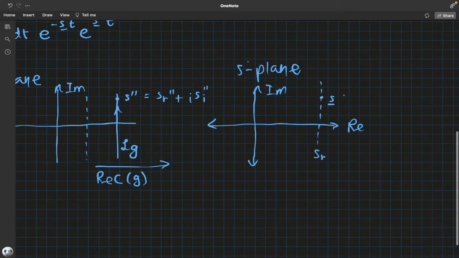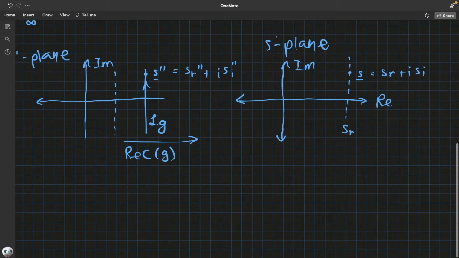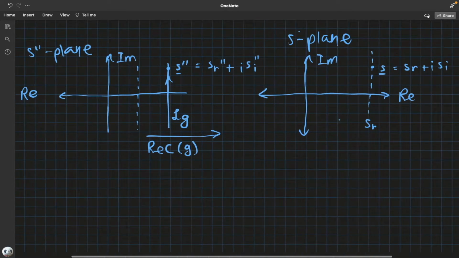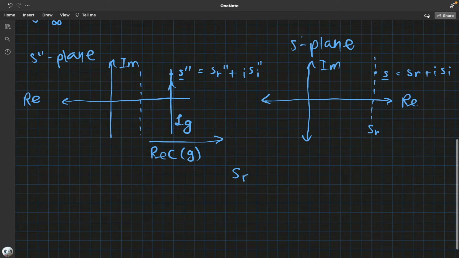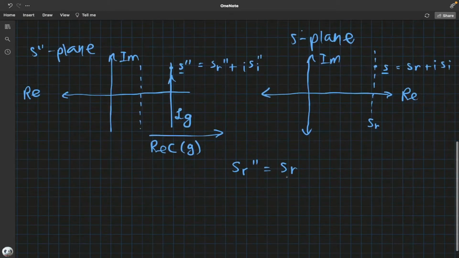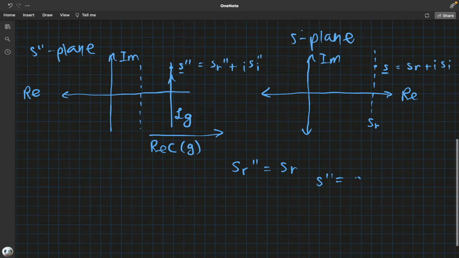You can break S as S real plus I S imaginary. So what I want to do, I want to move this guy, because as I said, I can move this anywhere from this line to whatever point. So I want to move it such that this line coincides with this line, the real line for S here. What that allows me to do, allows me to set SR double prime to SR prime. So S double prime is just SR plus I SI double prime.